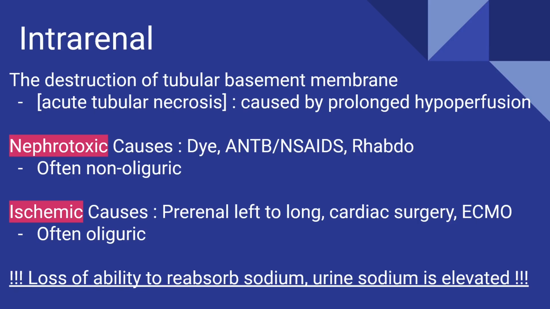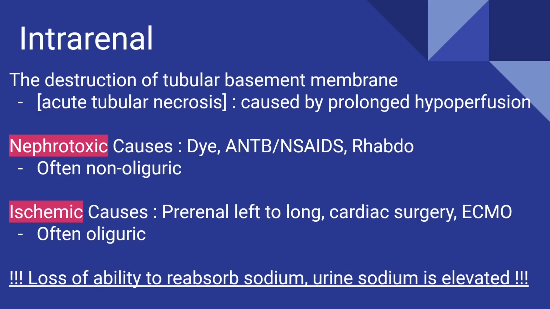Now, these nephrotoxic causes, they're not as often oliguric. So the patient will still potentially be making urine themselves. But in an ischemic cause where we have a potential clot within the kidney, something that's preventing blood flow to the tissue itself of the kidney, not the glomerulus.